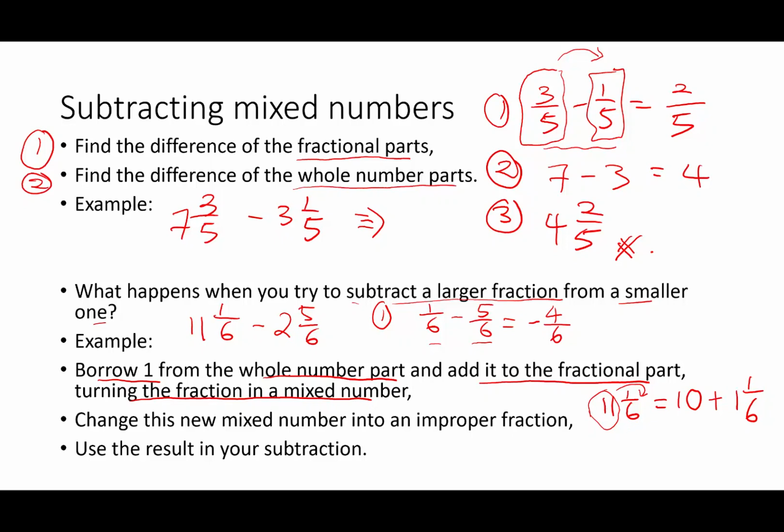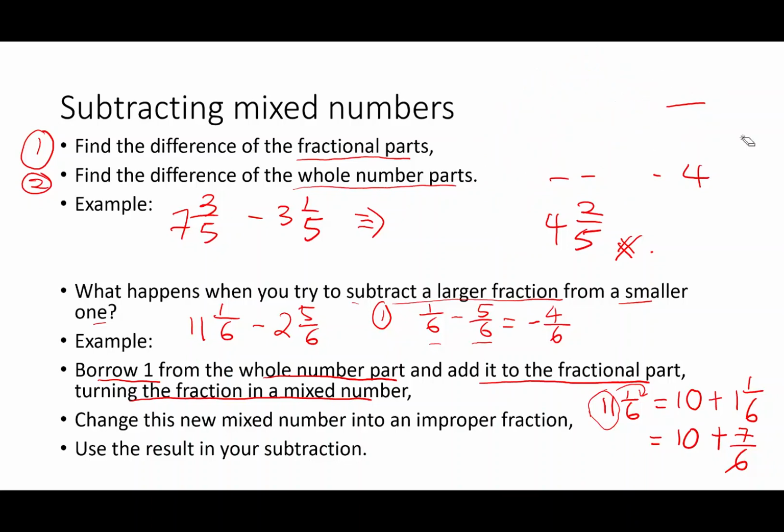So then convert the mixed number here into an improper fraction. So this will be 7 over 6. By these steps we are ready to do the subtraction.